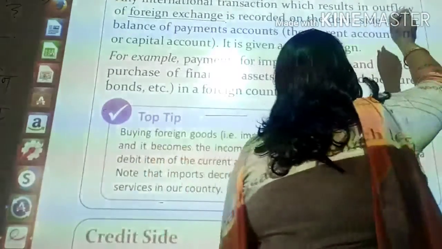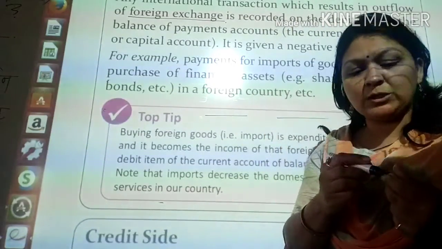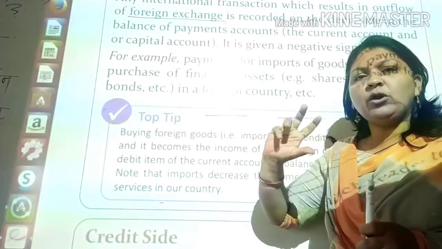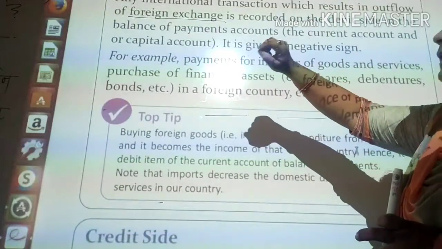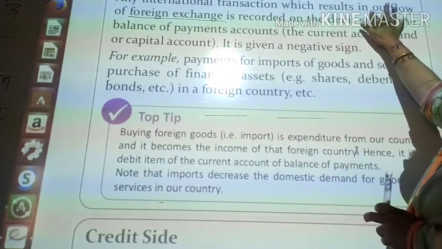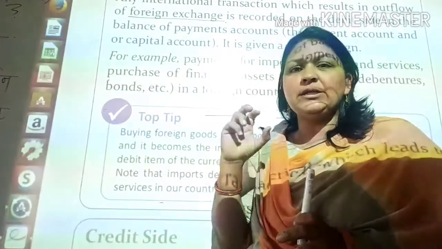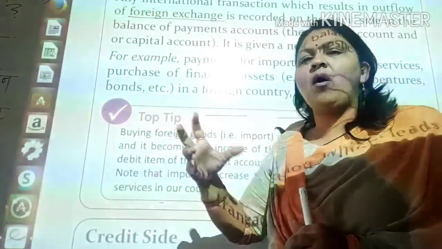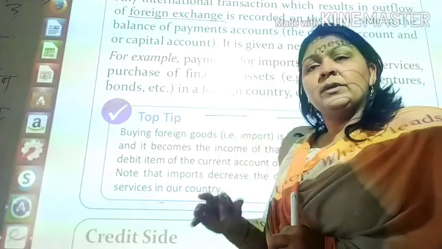Now the thing is, madam, if the debit and credit concept is this in accounts, why does it change in economics? It is not changing, but now your thinking process is different. How? See the definition very carefully. Any international transaction which results in outflow of foreign exchange. So now your question is that in accountancy, what comes in is debit and what goes out is credit, and that is true here also.